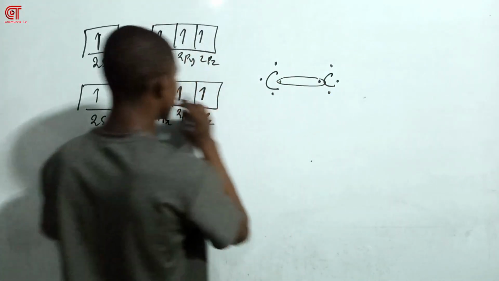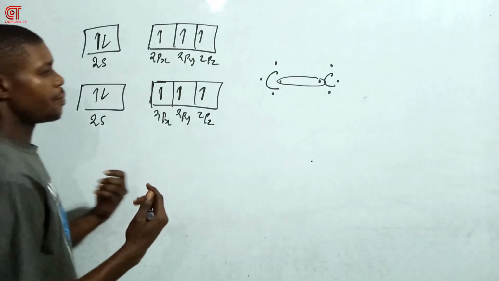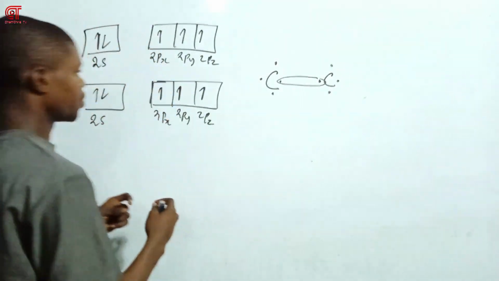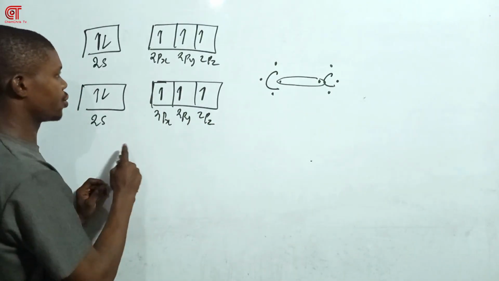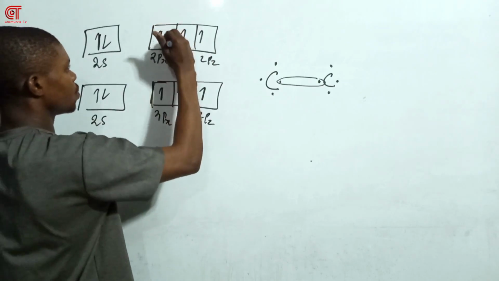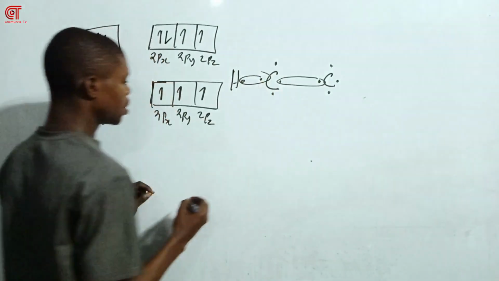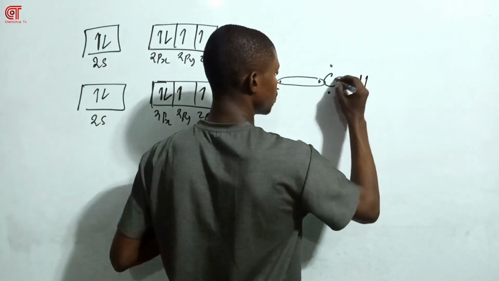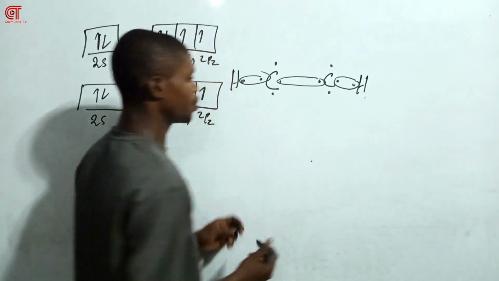It means that carbon has used this one and the other carbon has used this one here, because I'm talking about the sp. Now, out of the three p orbitals, only one is used. So carbon will use this one, and the other carbon will use this one here. The remaining two are not used.